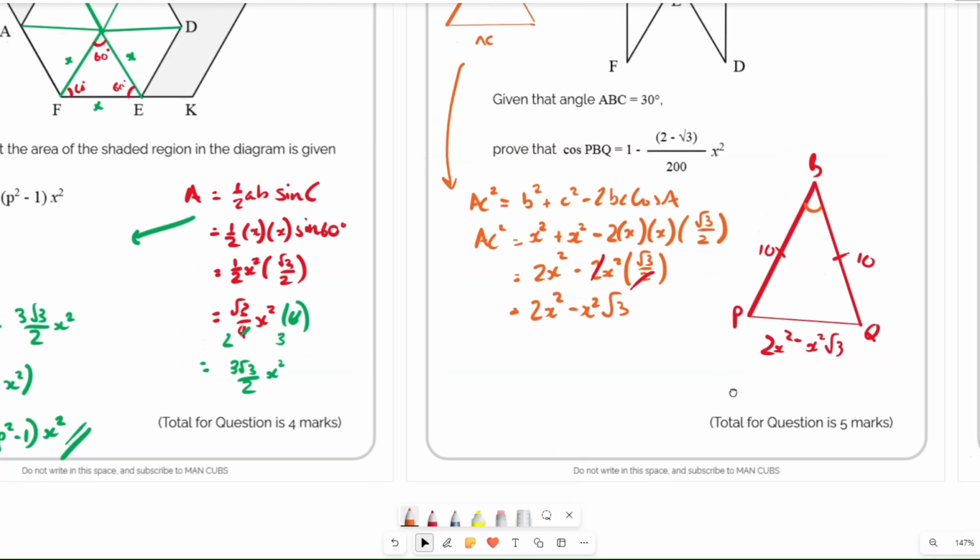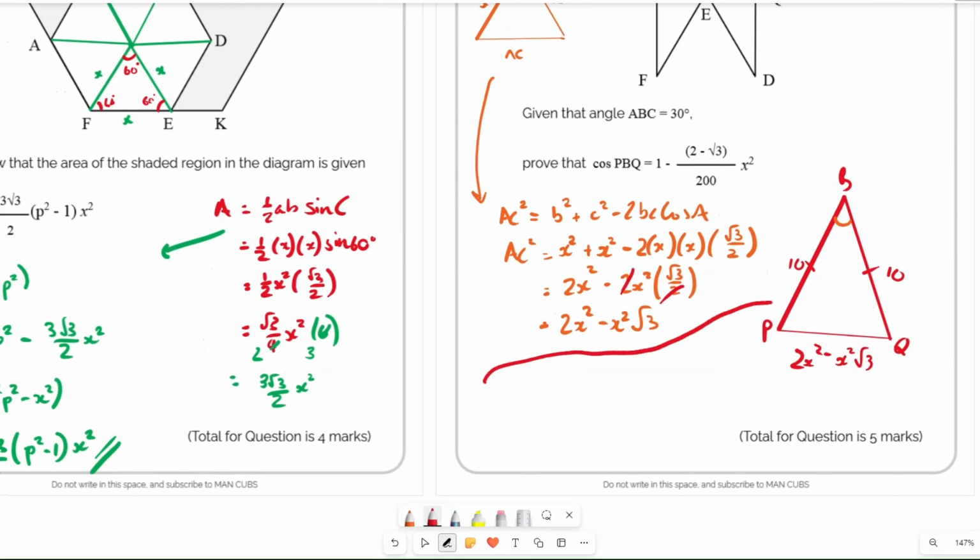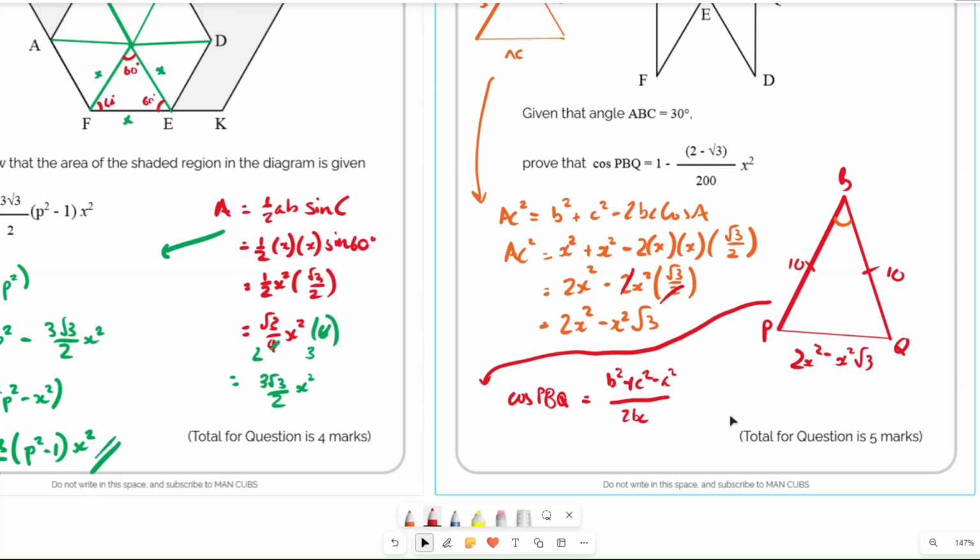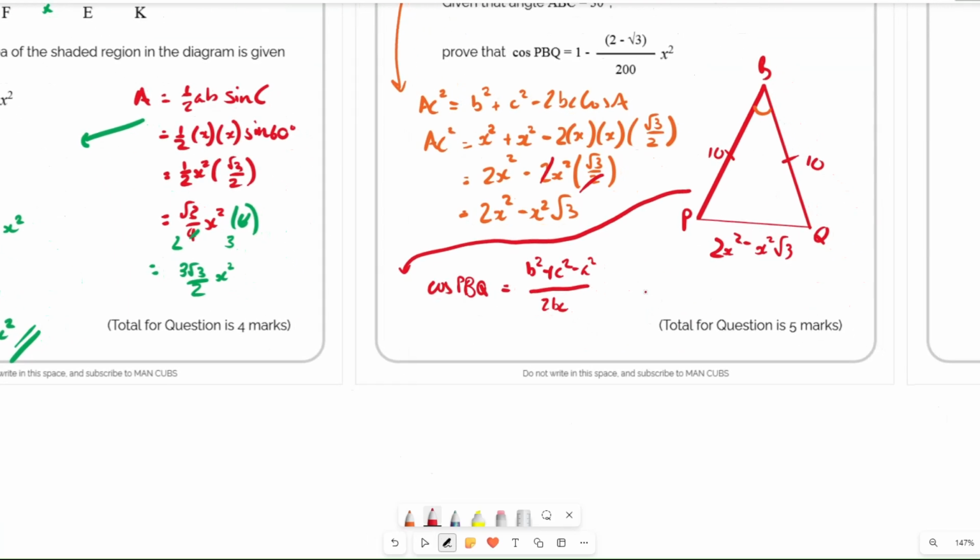So we're just going to use the cosine rule once again, but backwards. The rearranged version for the angle. So that's going to be cos PBQ equals, and I'm just going to write a non-substituted version of it, so b squared plus c squared minus a squared over 2bc, right? So I think we might go off page for this a little bit. If we substitute in our values, we get cos PBQ equals b squared, so that's going to be 10 squared, plus c squared, that's also going to be 10 squared.